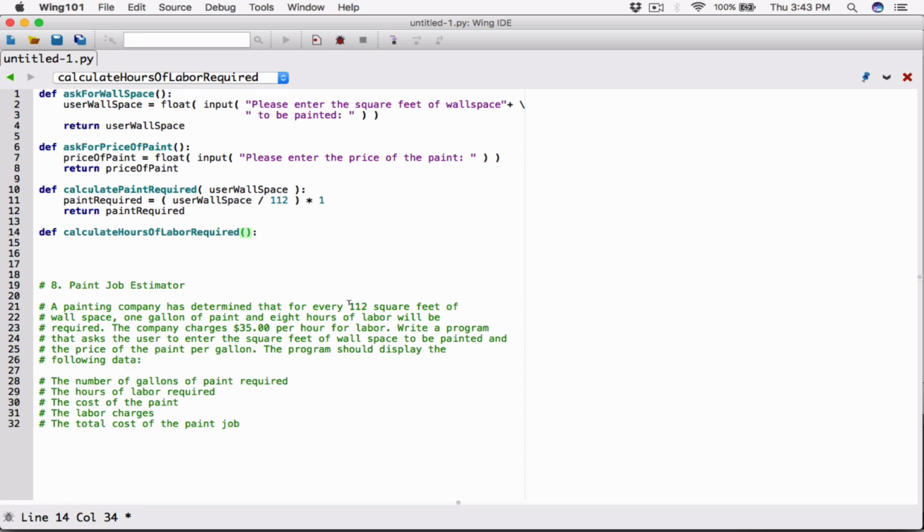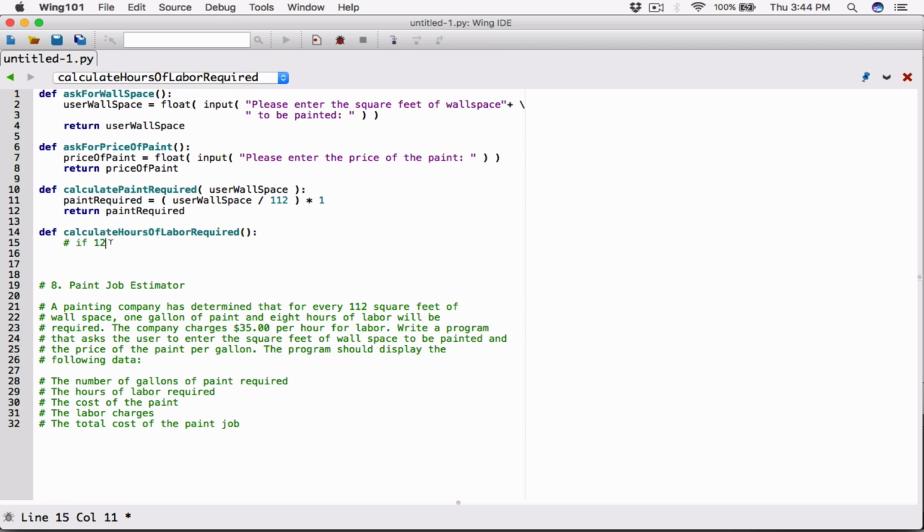So that means that for every 112 square feet, 8 hours of labor will be required. We are calculating the hours of labor required. Okay, so the same idea here.